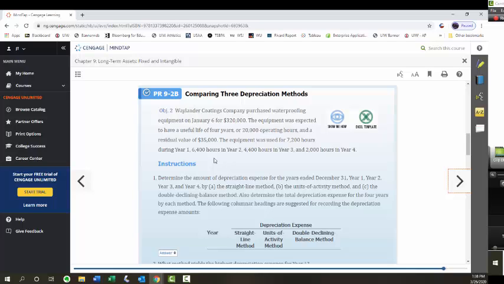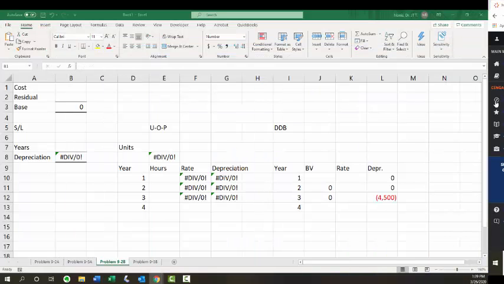This is expected to have a useful life of 4 years or 20,000 operating hours and a residual value of $35,000. The equipment was used for 7,200 hours in year 1, 6,400 in year 2, 4,400 in year 3, and then lastly 2,000 in year 4. Once again, solve for straight line, units of production, and double declining balance.